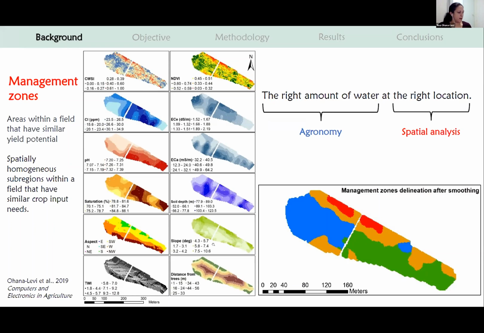It could be terrain-related variables or soil characteristics or even data from remote sensing, but it's usually from a specific point in time.